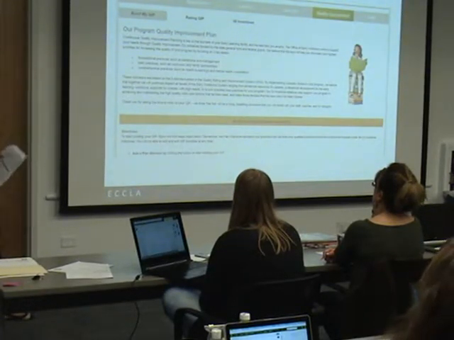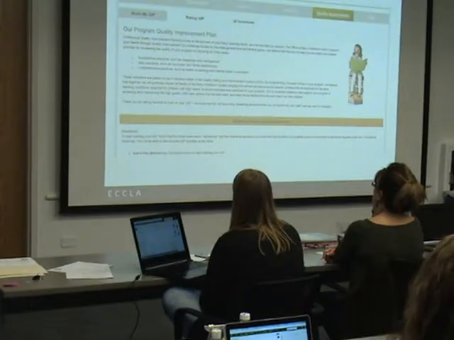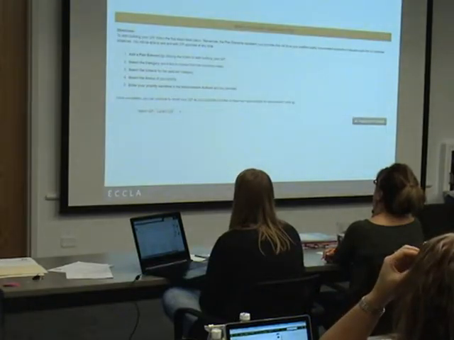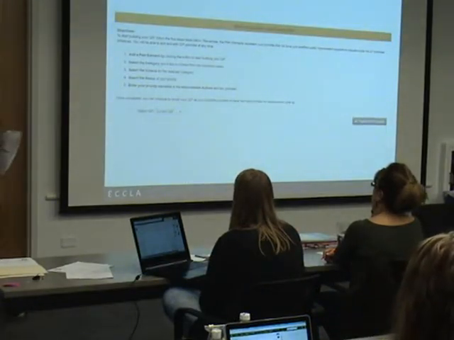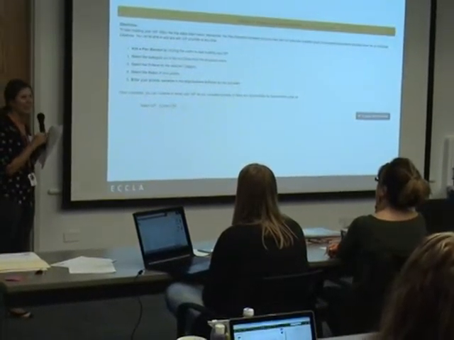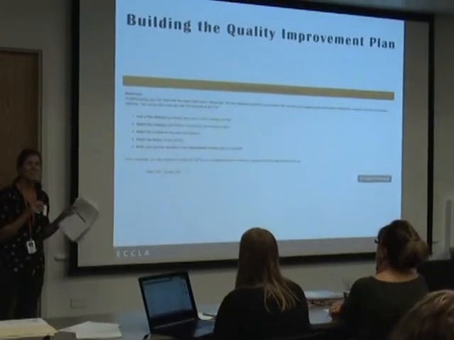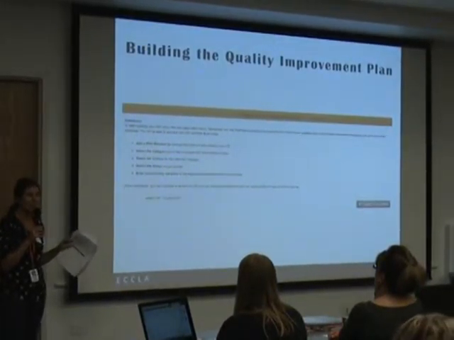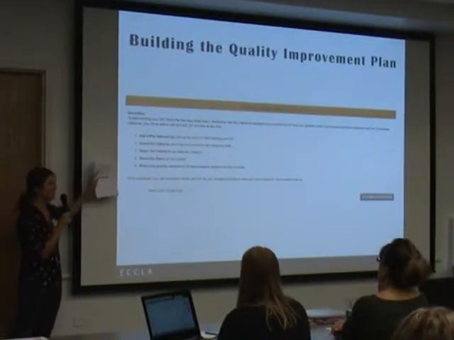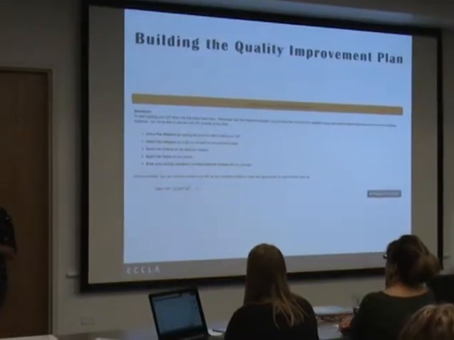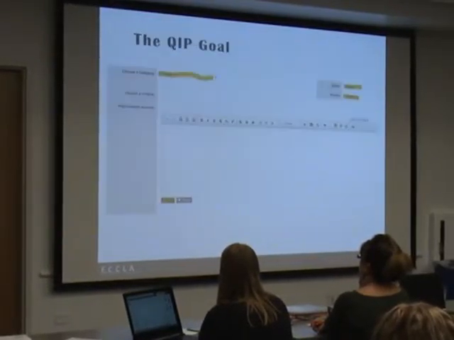And this is what the page looks like. And very handy, they provide a 5-step direction process here. So if you're providing TA to a program and developing a quality improvement plan, you can use this handy list to set it up through the criteria.